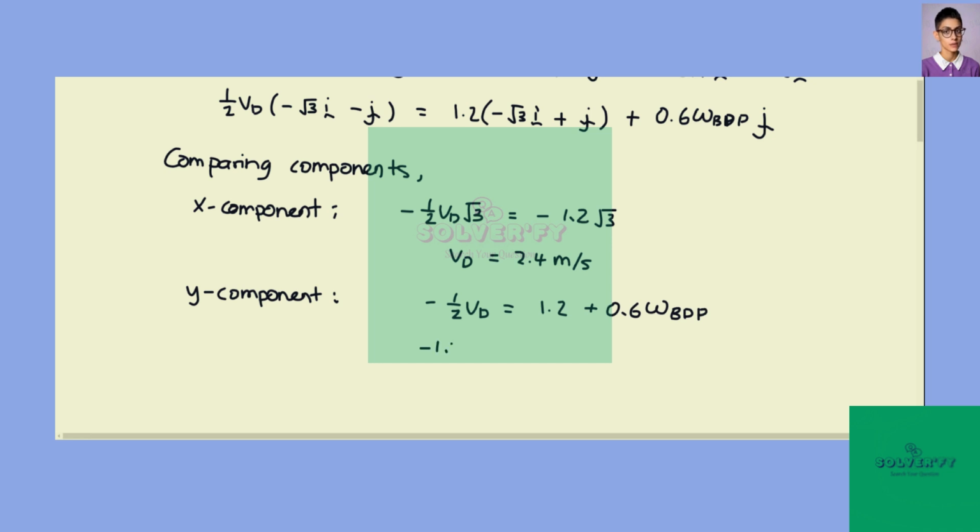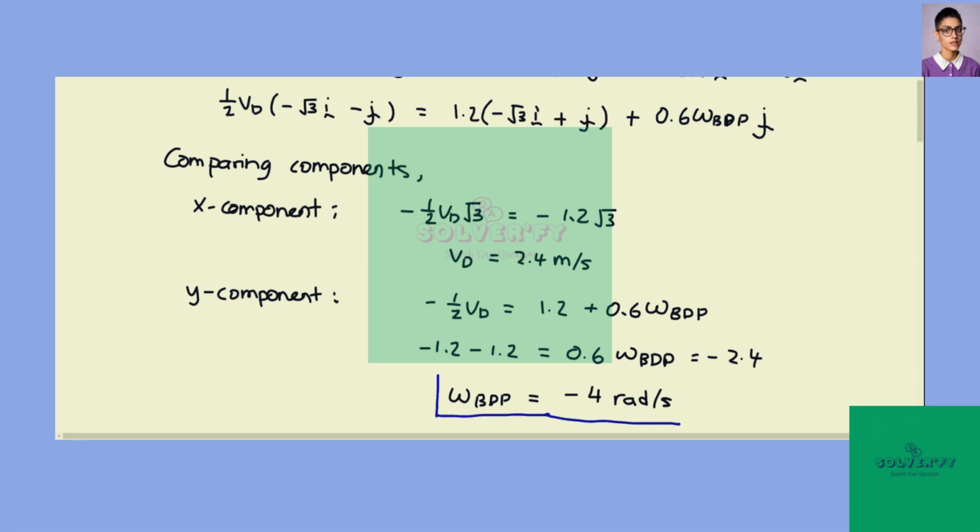So this is minus 1.2 minus 1.2, bringing the 1.2 to the other side, 0.6 omega BDP, and this is minus 2.4. So omega BDP is equal to minus 4 radians per second.